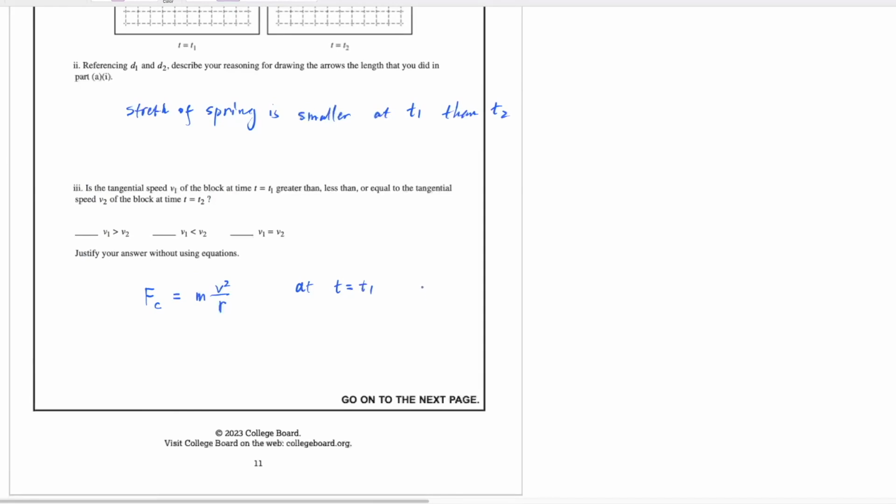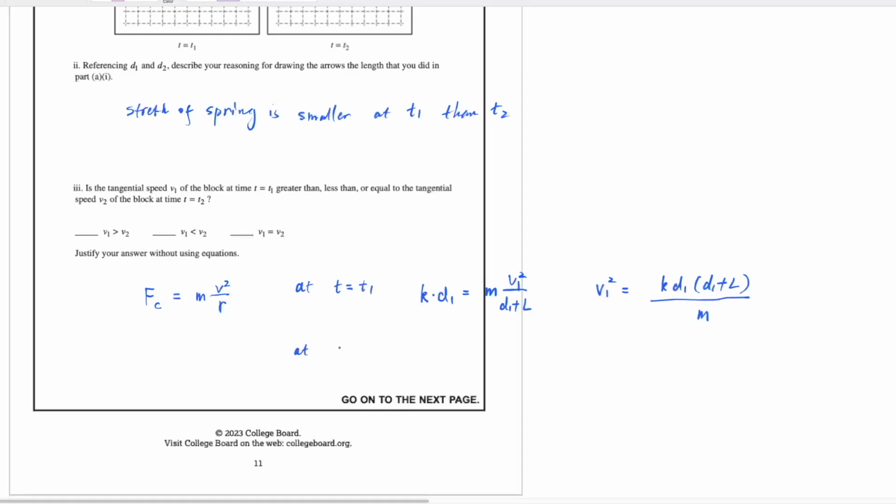The spring force is going to be k times d1, which is m v1 squared over d1 plus L. So you can rewrite v1 squared as k d1 times d1 plus L divided by m.